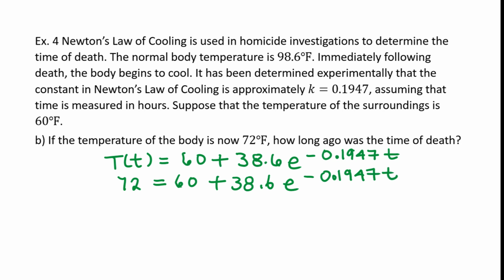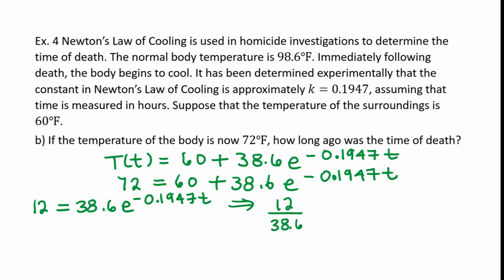So we'll need to subtract 60 from both sides, and that'll give us 12 is equal to 38.6 e raised to the power of negative 0.1947 t.